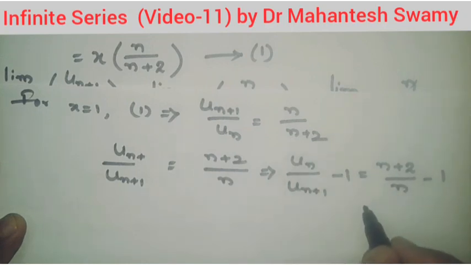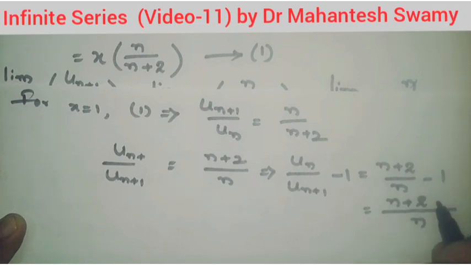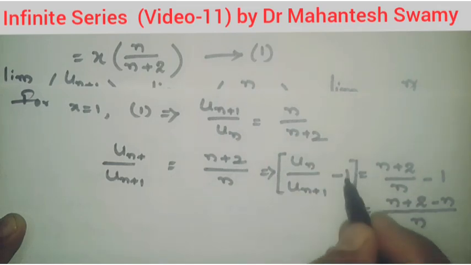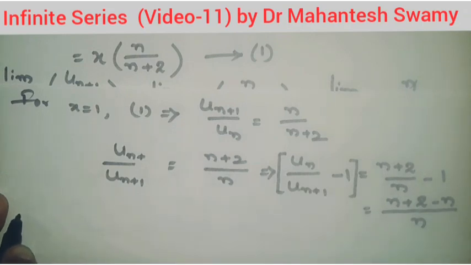So when I simplify this by taking LCM, I will get n here, and here it is n plus 2 minus n. So n plus 2 as it is, minus 1 into n, so it is minus n. So in the next step, these two will be cancelling out. So I have to multiply with this term n. This is as per Raabe's test.